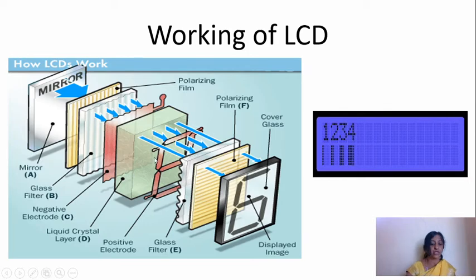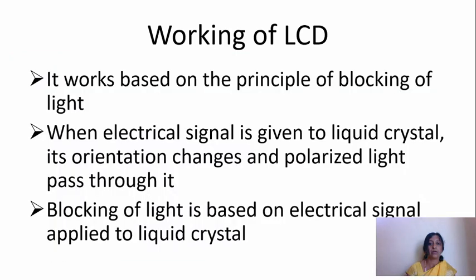When the electrical signal is given to the liquid crystal, its orientation changes, and polarized light passes through it. So this blocking of light is based on the electrical signal applied to the liquid crystal.